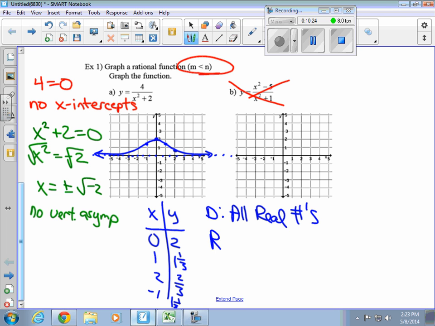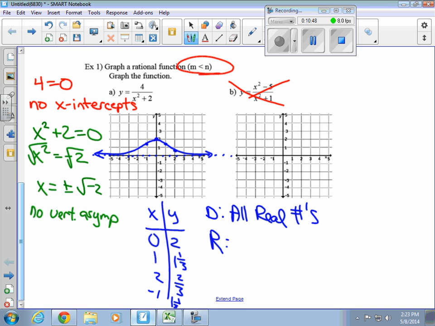How about my range? You're right, it can't be 0. Look at my graph. Okay, can it be 0? No. Can it be 2? Yes.